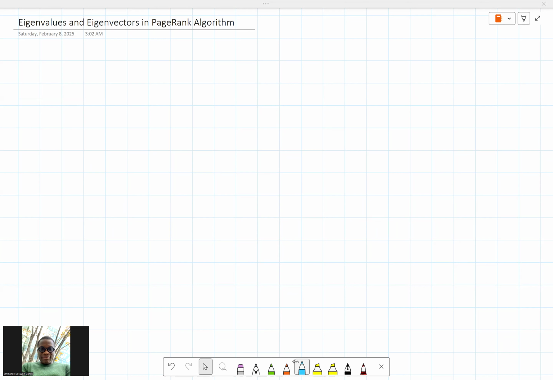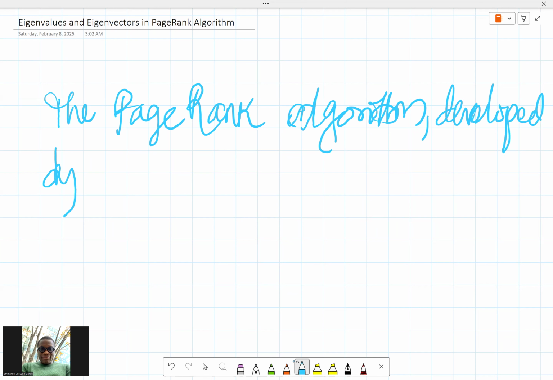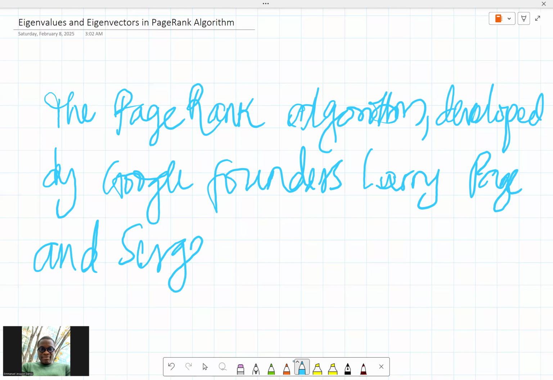So first of all, the PageRank algorithm was developed by Google founders Larry Page and Sergey Brin.